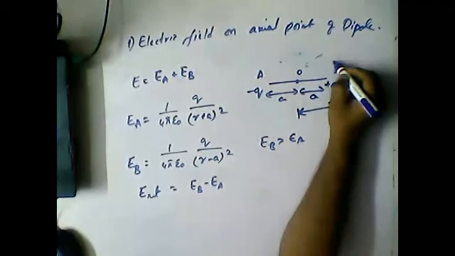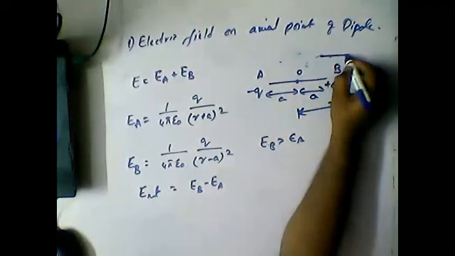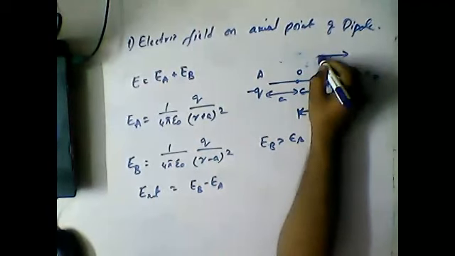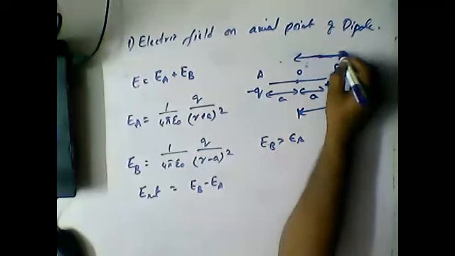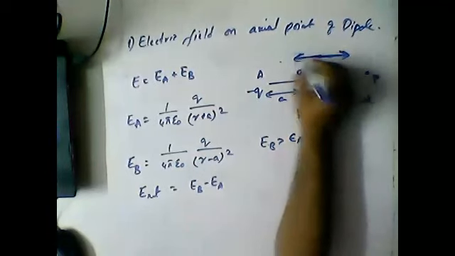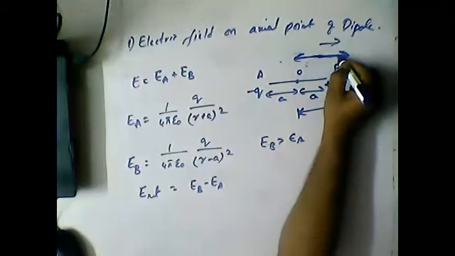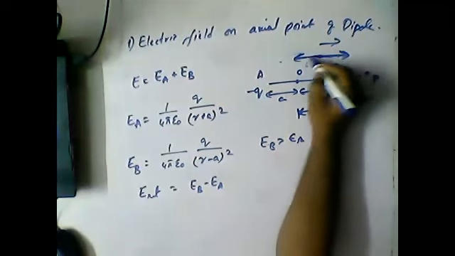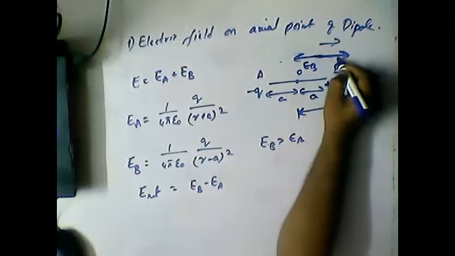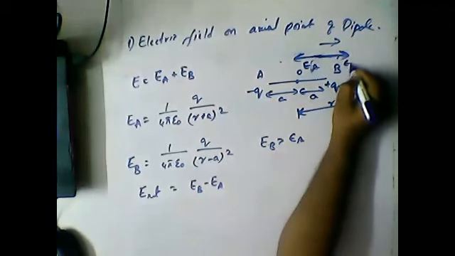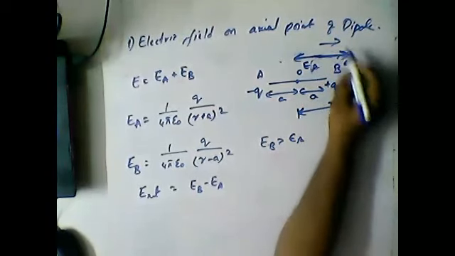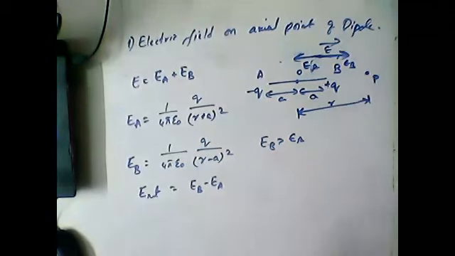For example, if EB is this side, then EA will be this side. So the net electric field is EB minus EA. Here it is EA, sorry, and here it is EB. So EB minus EA is the net electric field.